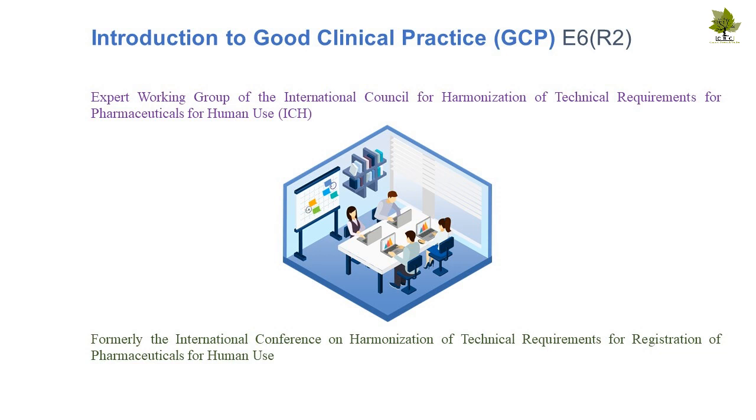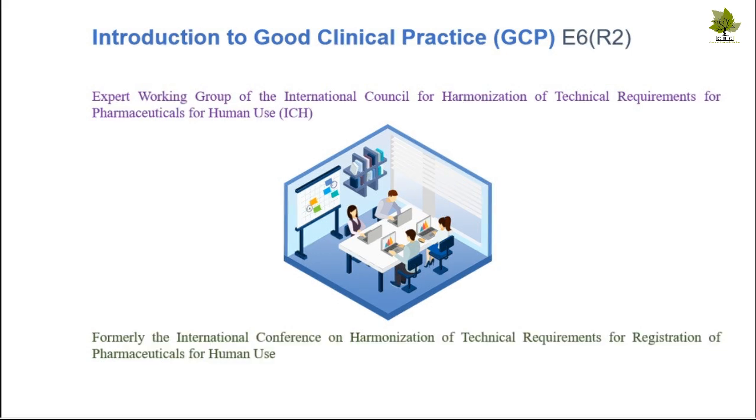These guidelines were developed within the expert working group of ICH, which is the International Council for Harmonization of Technical Requirements for Pharmaceuticals for Human Use. This council was formerly known as the International Conference on Harmonization of Technical Requirements for Registration of Pharmaceuticals for Human Use.